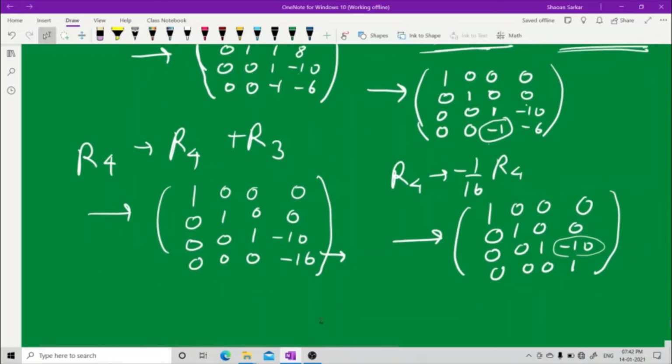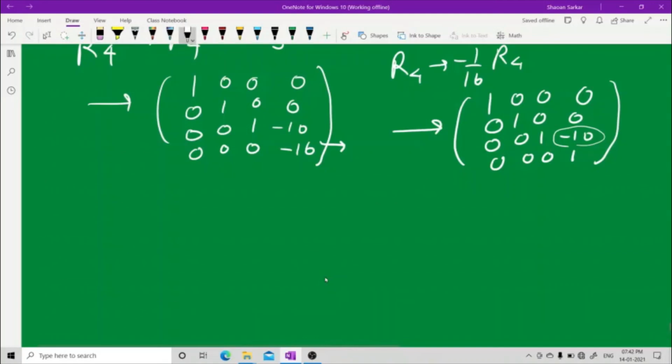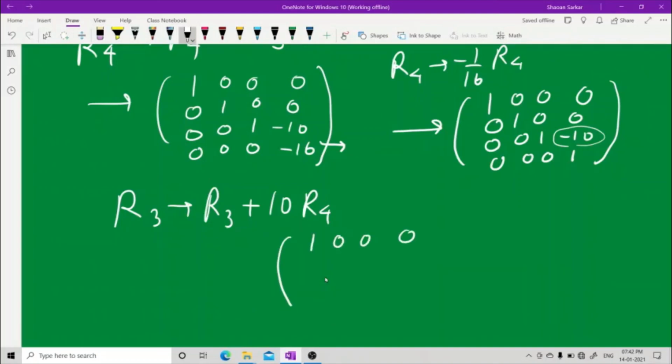Now you can write R3 is R3 plus 10 R4. Now you see what happens. This is the last step rather. 0 1 0 0, then this is 0 0 0 1.